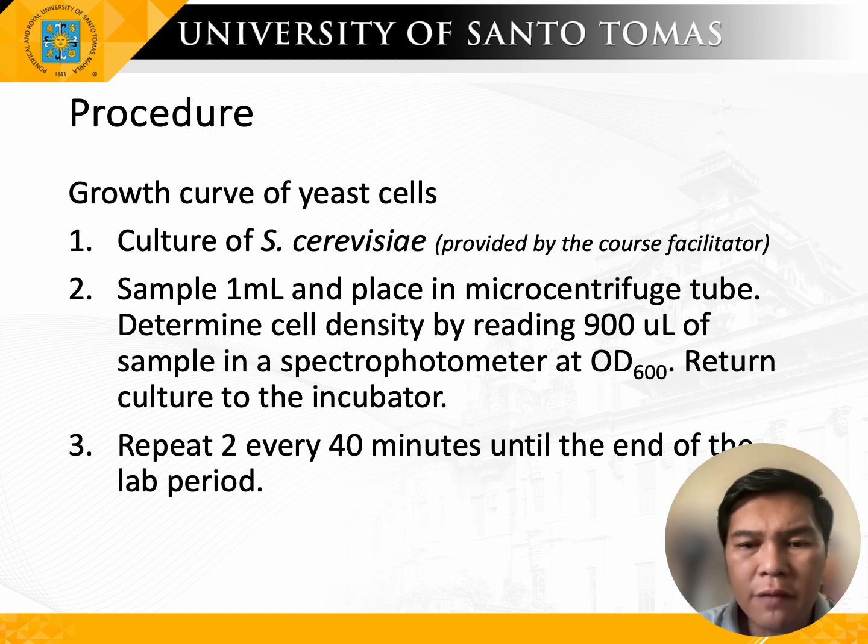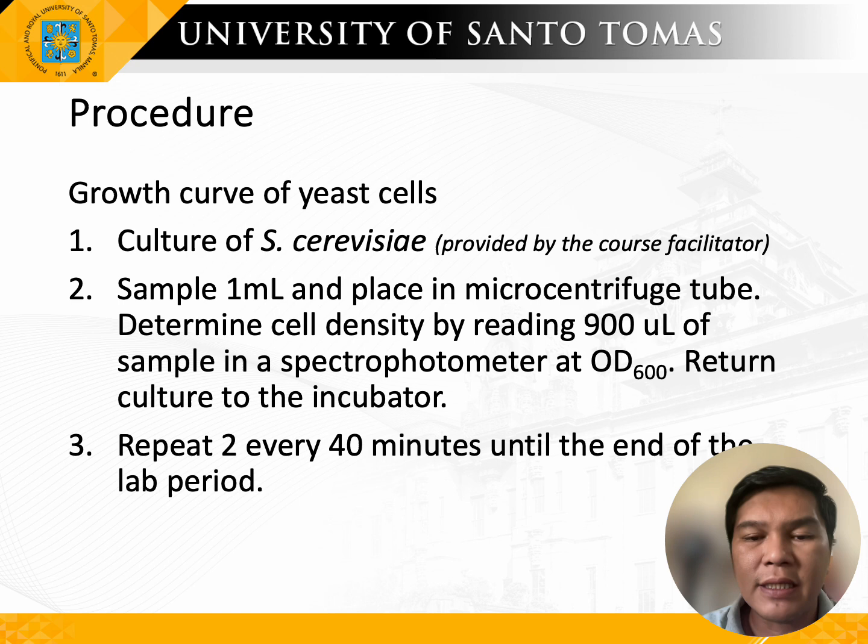In the growth curve of your yeast cells, we will be, of course, providing you a culture of Saccharomyces cerevisiae. Sample 1 ml and place in the microcentrifuge tube. Determine cell density by reading 900 microlit of sample in a spectrophotometer at optical density of 600 and return the culture to the incubator.